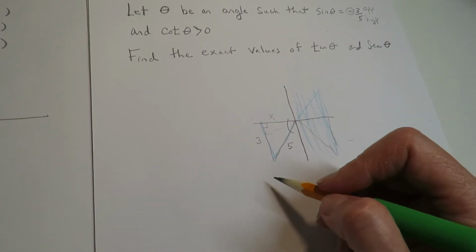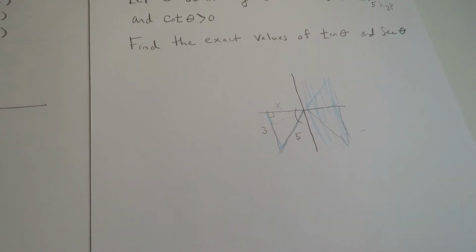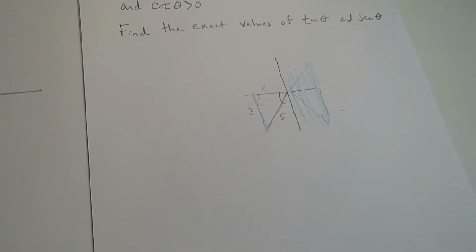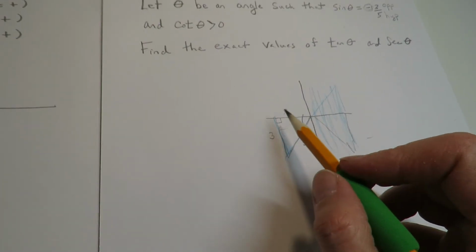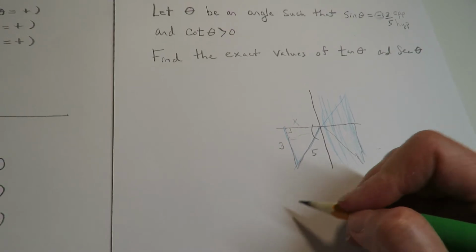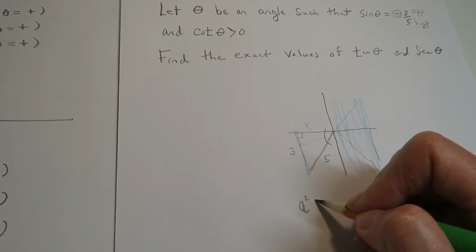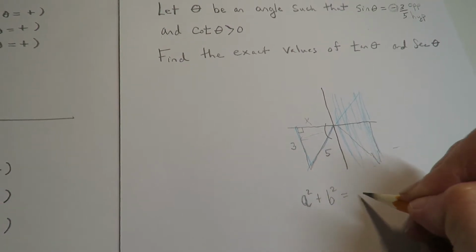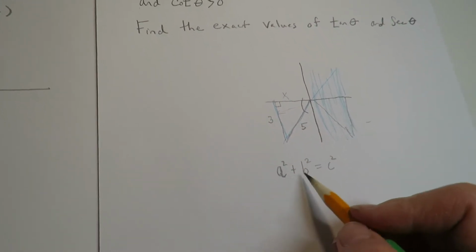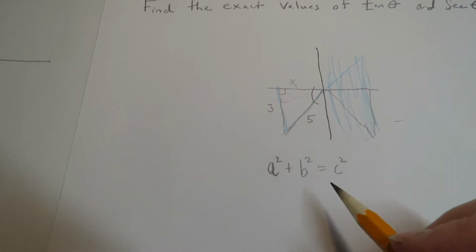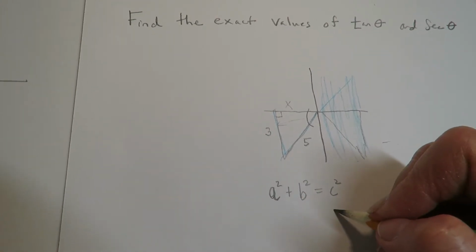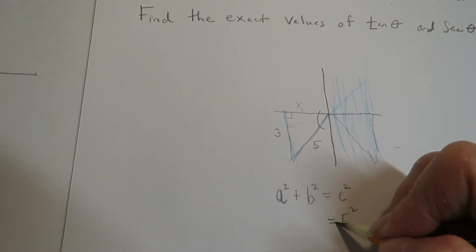You find the third side either because you recognize a triangle, like a 3, 4, 5 or 6, 8, 10, or, if it's not obvious, you calculate it. The Pythagorean Theorem is a squared plus b squared equals c squared: the leg squared plus the leg squared equals the hypotenuse squared. C has to be the hypotenuse. So this is 5 squared.